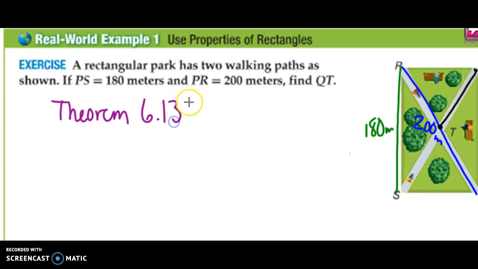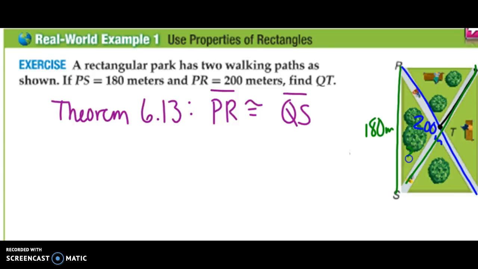6.13 that we just talked about that PR is going to be congruent to QS. Okay? So that means that if PR is 200, then QS is going to be 200 meters as well. So we know the whole thing is 200 meters.